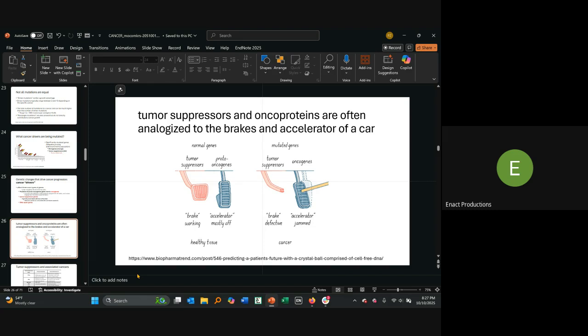And again, that's the accelerator. Now, if we look at the mutated case, going to the two on the right, if you have a mutation in the tumor suppressor, it's like the broken brake, right?